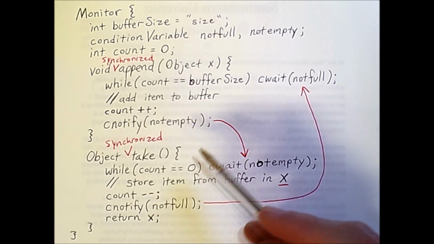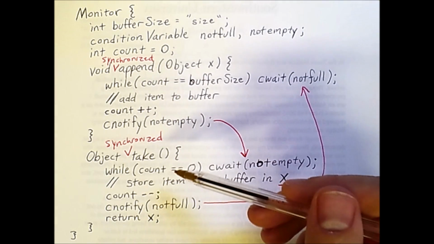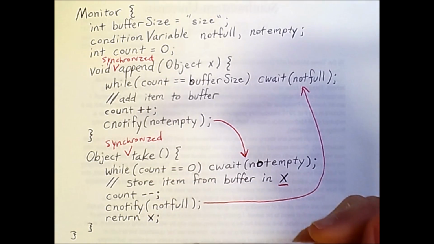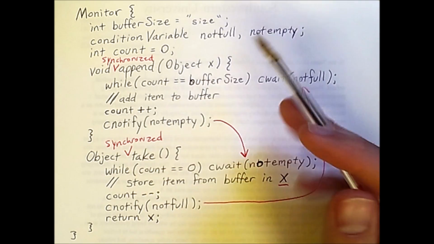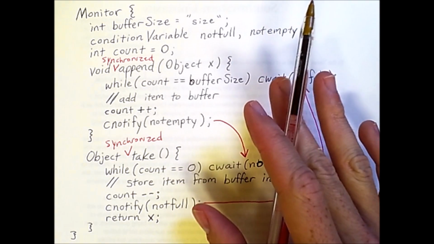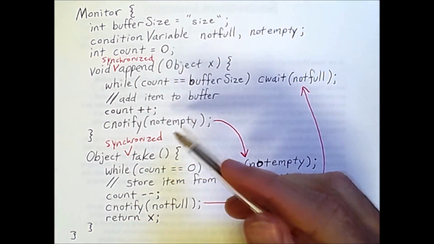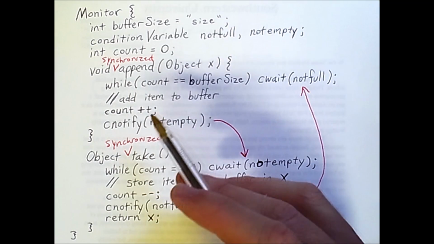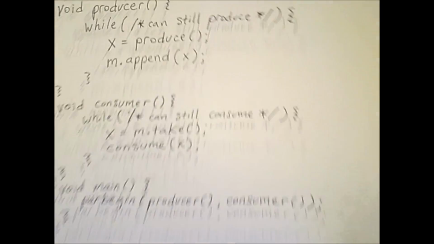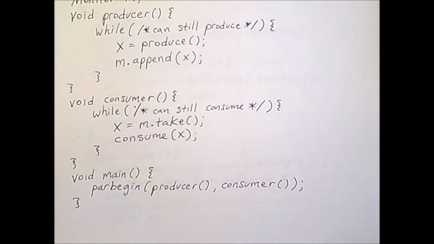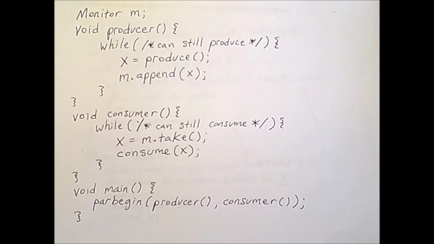because these methods are synchronized, there is an implicit locking and unlocking of some shared mutex simply by calling these methods. And so that is the nice thing about the monitor, is that it implicitly provides mutual exclusion, which allows this code here, the main code, to be very, very simple.